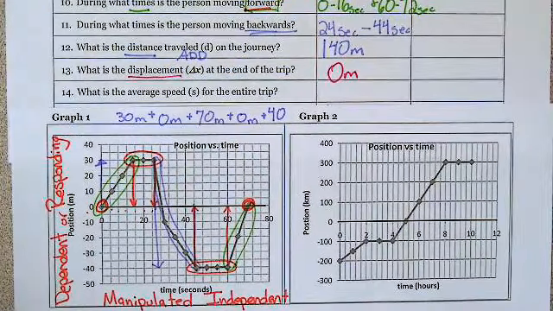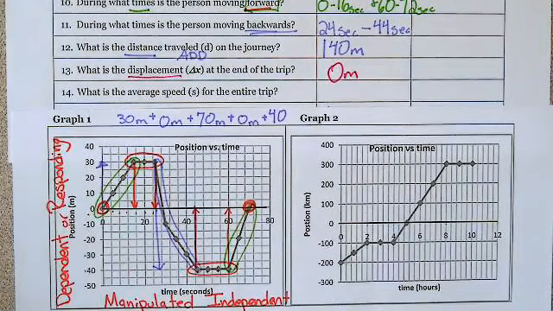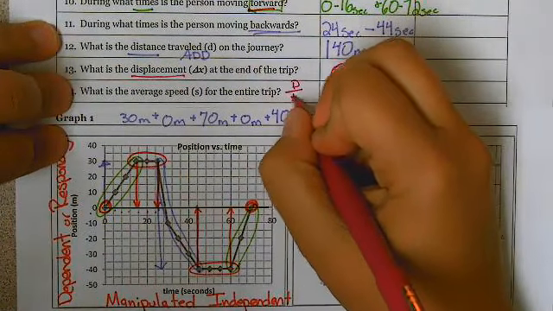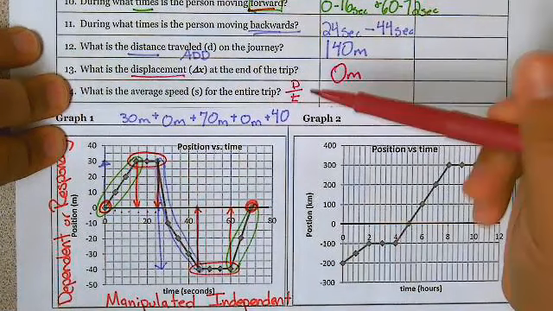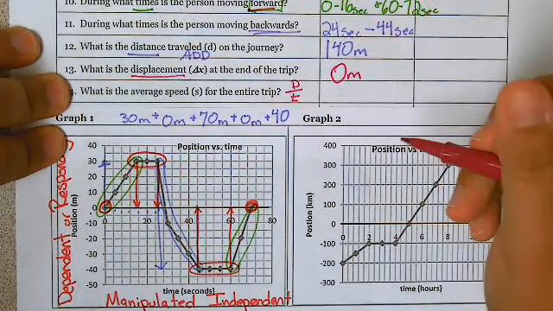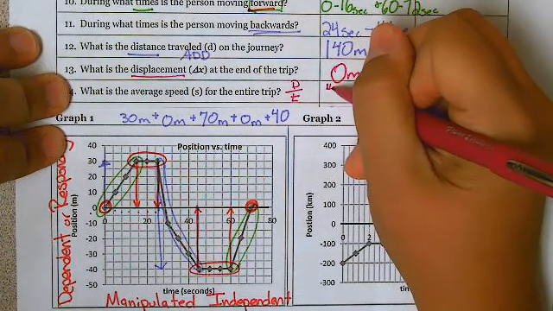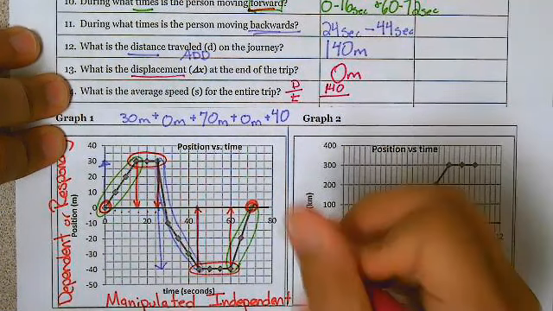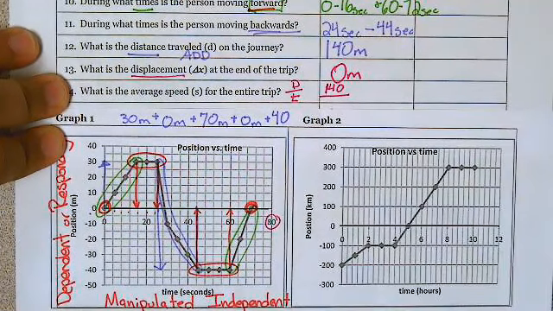And the last one, number 14, what is the average speed for the entire trip? Remember, speed is distance divided by time. So we're going to take our total distance, which we already calculated right here, which is 140, and divide it by the total time, which you can see is 80 seconds.